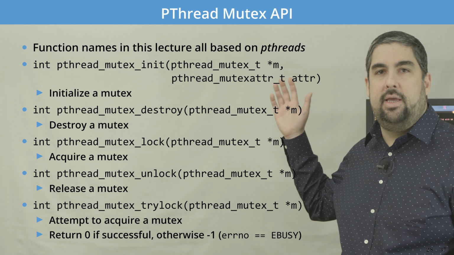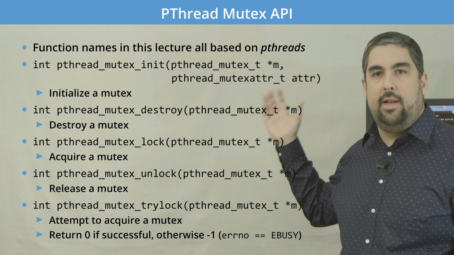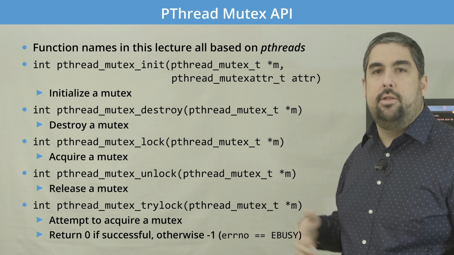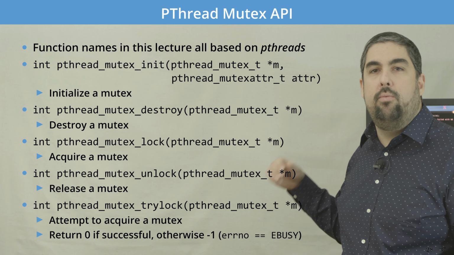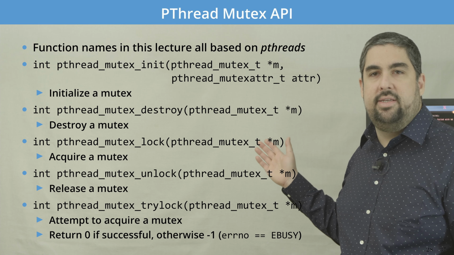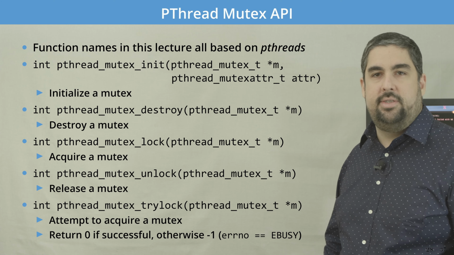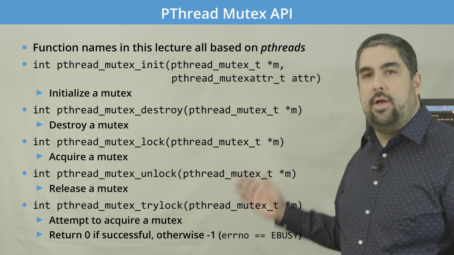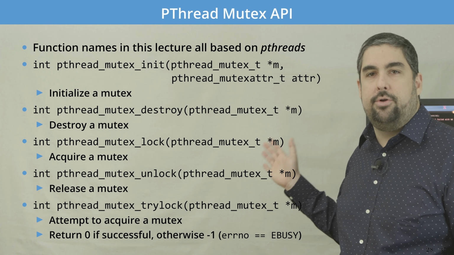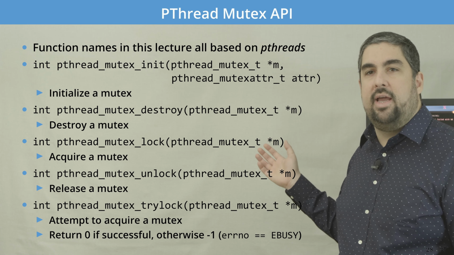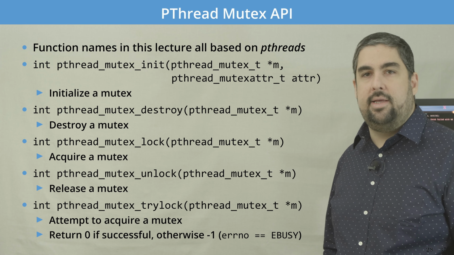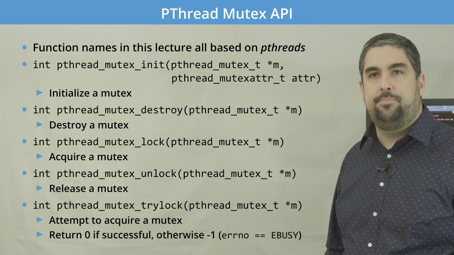The first is to initialize a mutex to create a lock, to destroy the lock, and then the main operations: lock, which acquires the mutex, only one thread will be able to acquire that mutex at a time, and unlock, that's going to release the mutex, allowing other threads to proceed, and finally, a try-lock that allows you to attempt to acquire the mutex. If you're successful, it returns 0, otherwise it returns -1, and it sets the errno global variable to EBUSY, telling you that someone else already has the lock.